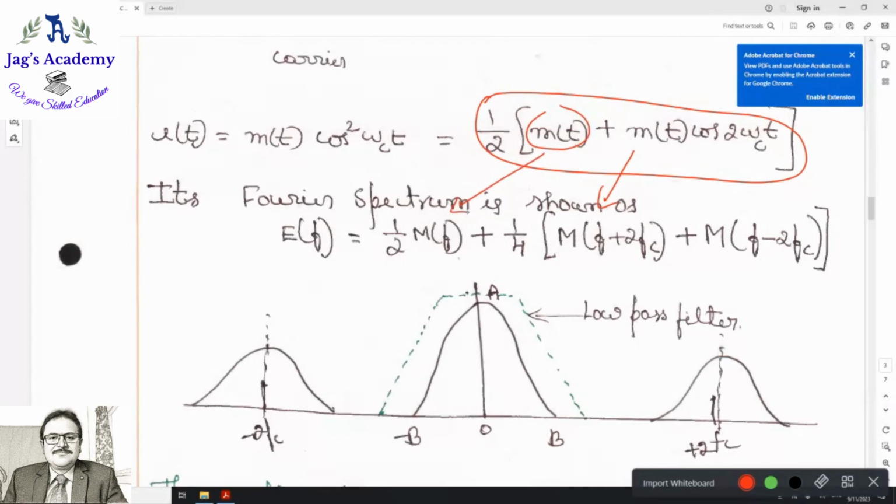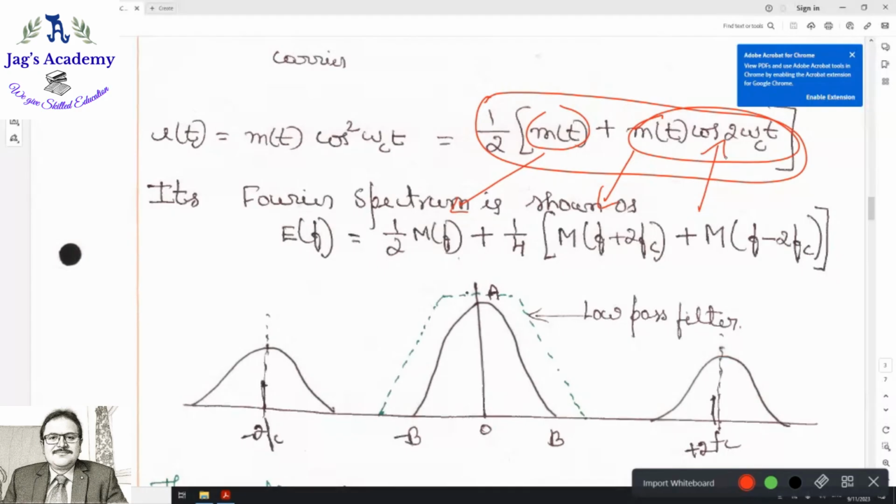What is the Fourier transform of m of t cos 2 omega ct? How do you calculate it?